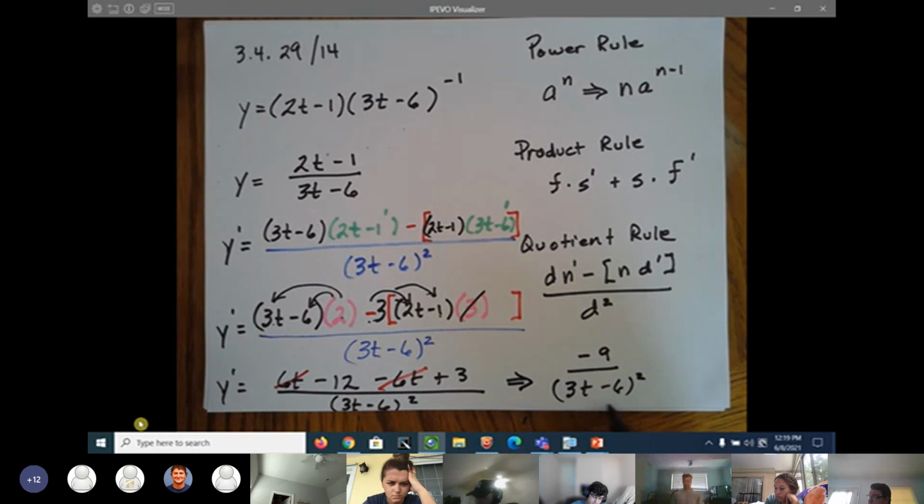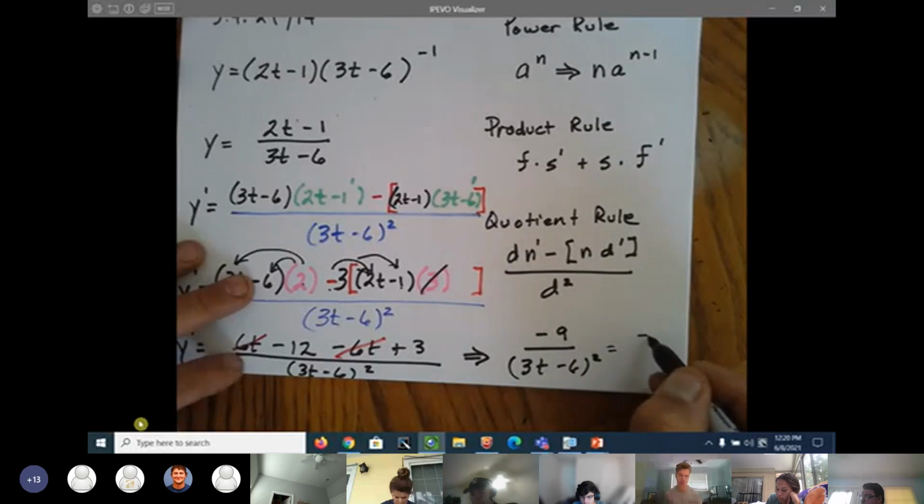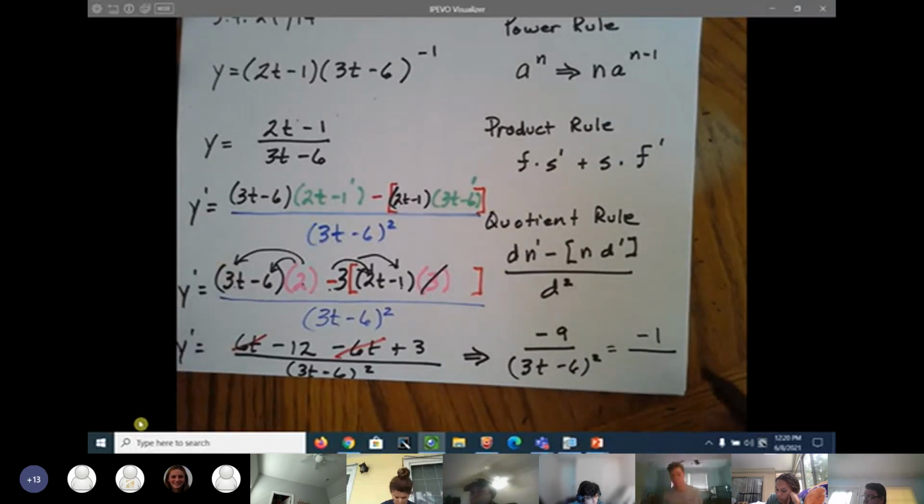Now, you could do shortcut number 2 here and get 9t squared minus 36t plus 36. And you can factor out a 9 and cancel the 9s. I don't know if they want you to go that far, but you're going to get -1 over, let's see, 9t squared is going to be 9.